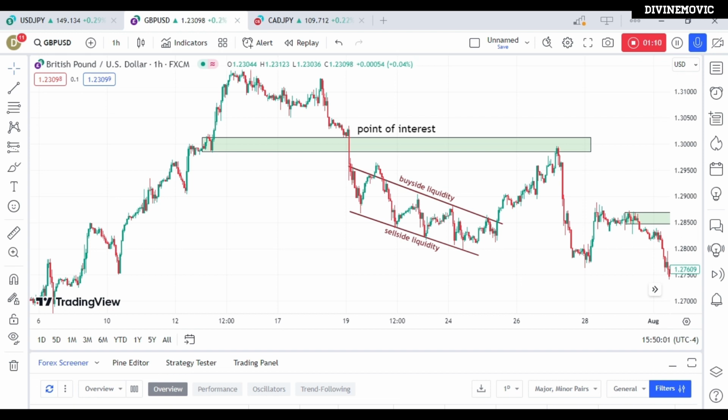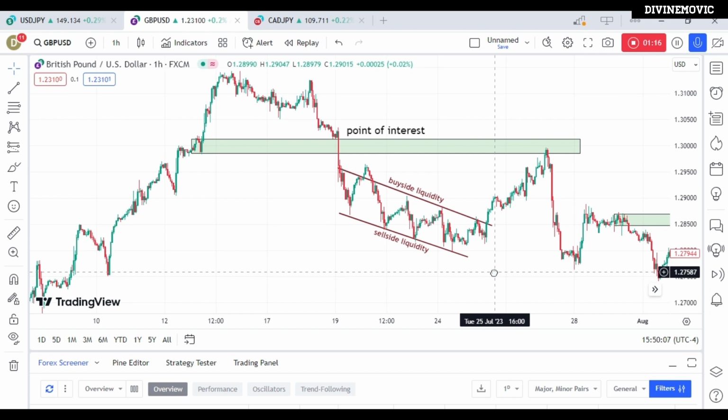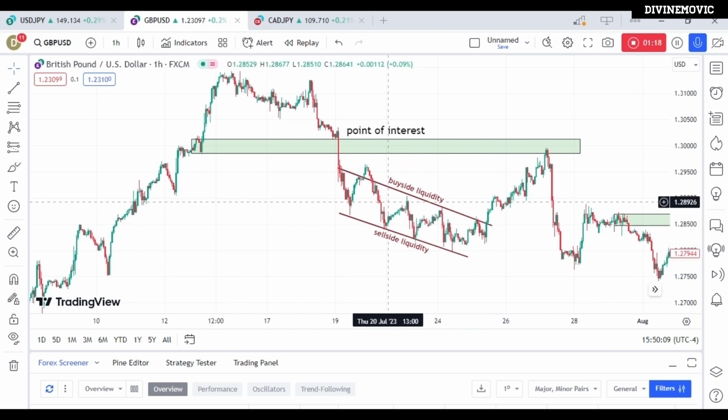Now, the first type of liquidity on my screen right now is trendline liquidity. And I want us to study together how price induced sellers to sell from this zone here as early as possible and put their stop loss above this swing high, and this swing high here.